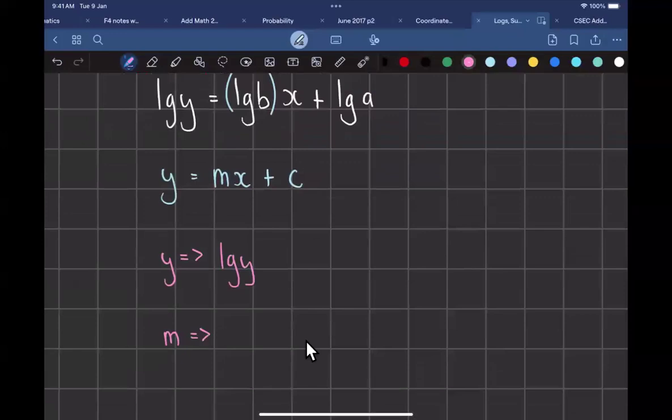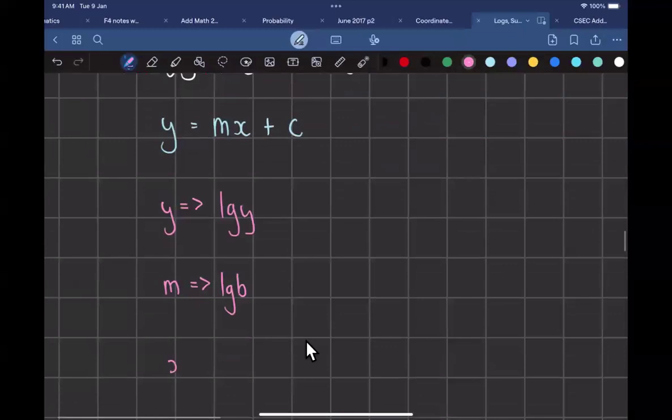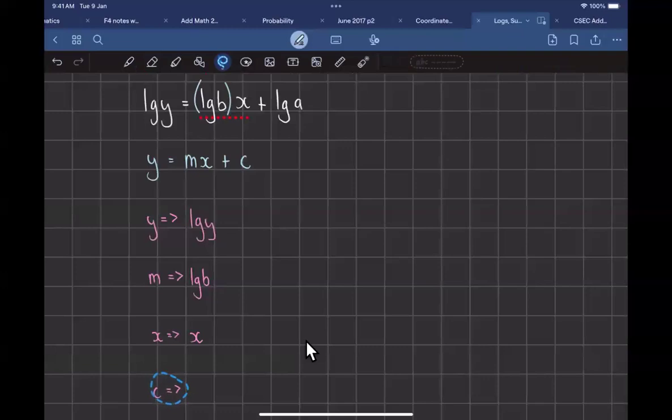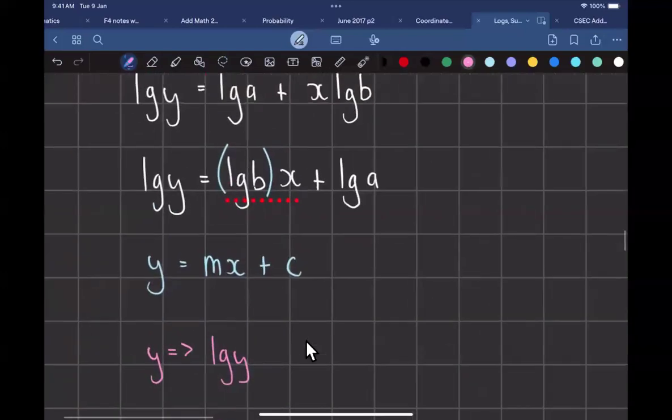If we compare it, m would just be log b, right? And x will be equal to what in this case? X, right? And lastly, what is c equal to? Log a. Yep.